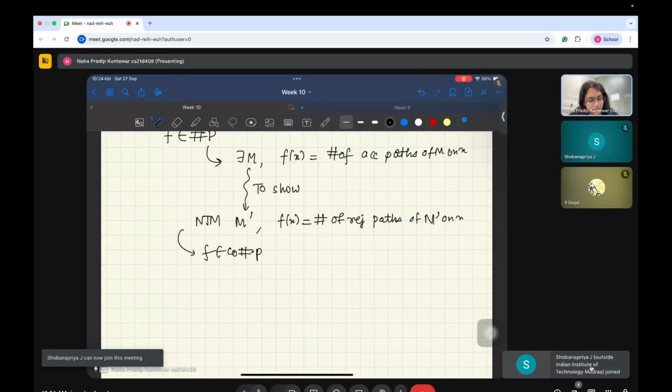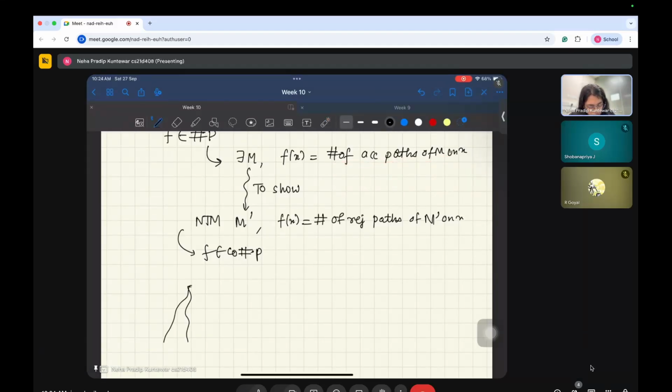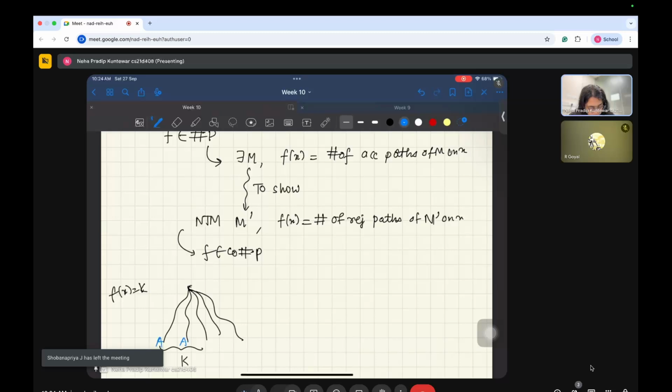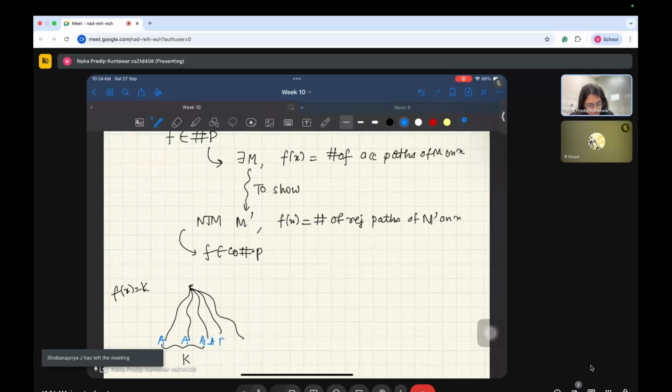So let's say we have this machine M, and we know that the number of accepting paths, say f of x, is k. So there are k accepting paths here: accept, accept, accept, k many of them, and the rest are all reject.